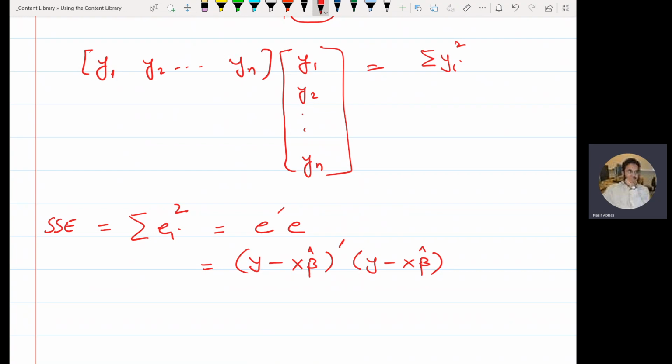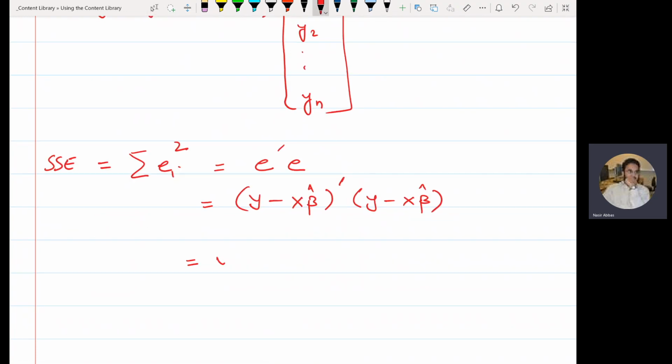Clear? Now when I apply the transpose, what is a minus b whole transpose? It's a transpose minus b transpose. The order reverses when it's a product: a multiplied by b whole transpose. So the first thing I do is y transpose minus x beta hat whole transpose.